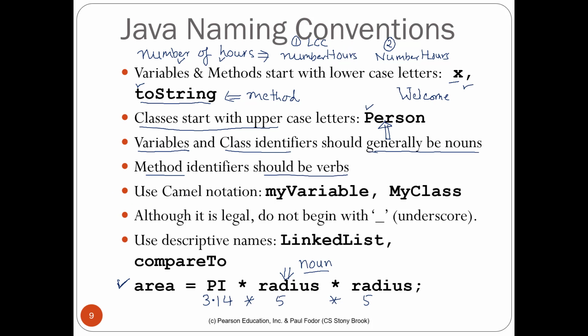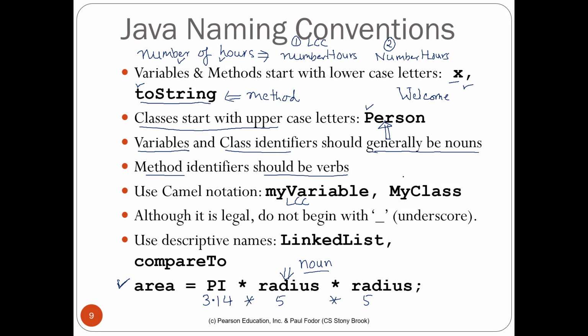So if you apply the camel case rule, then for variables you apply lower camel case, because you start with a lowercase letter, and the first letter of the second word in the composite variable is kept capital.